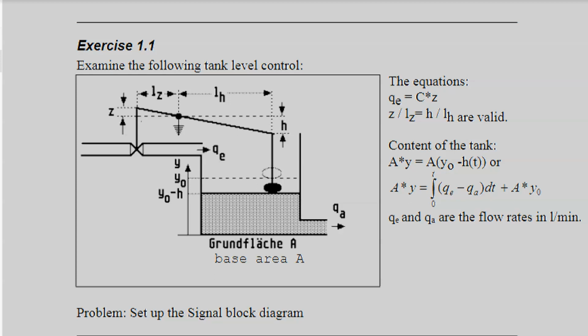If H is positive, you see the tank value goes down. So the content is just base area times height, and the actual value of Y is desired value minus the actual value of H. And on the other hand, we can say the content is a starting content value, say 1000 liters or so, decreased by the output flow integrated over time, increased by the input flow integrated over time.